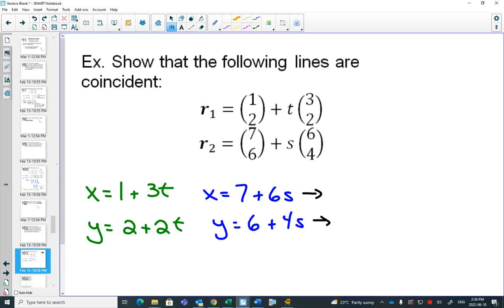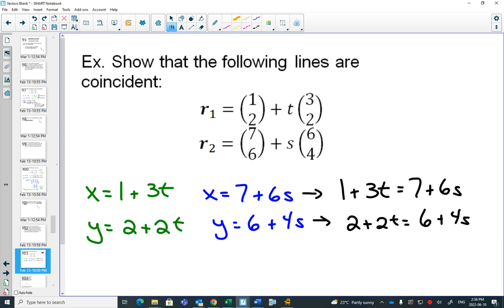This creates our system of equations. So we have 1 plus 3t equals 7 plus 6s, and 2 plus 2t is equal to 6 plus 4s. Again, I'll call this equation 1 and this equation 2.